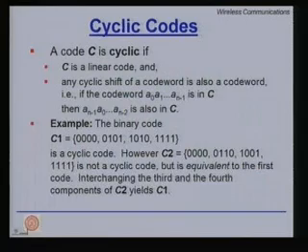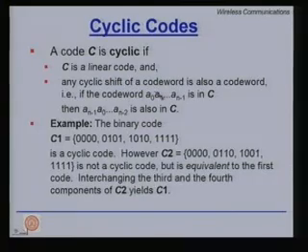Cyclic code is one step forward. It is a subclass of linear block code that has one additional structural requirement. What is that? A code C is cyclic if C is a linear code, and on top of that any cyclic shift of a code word is also a code word.